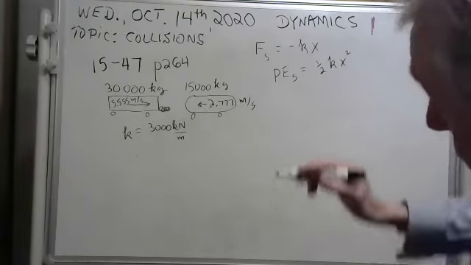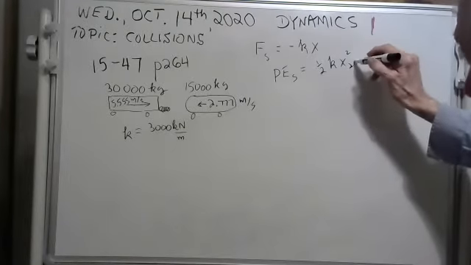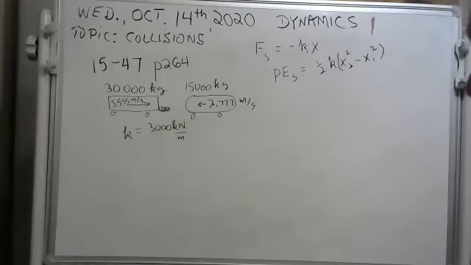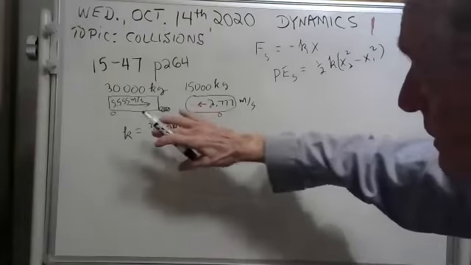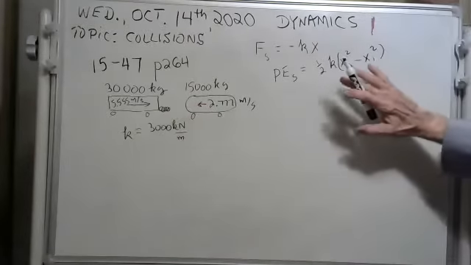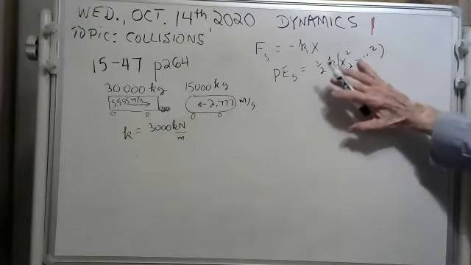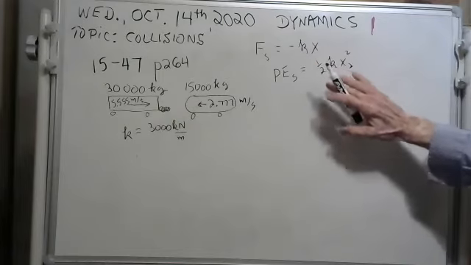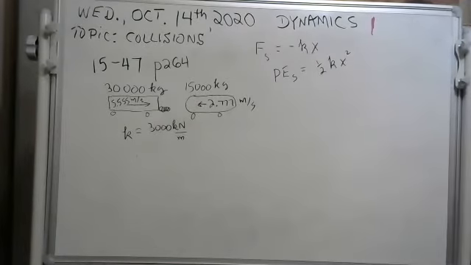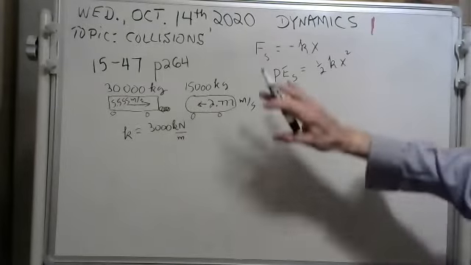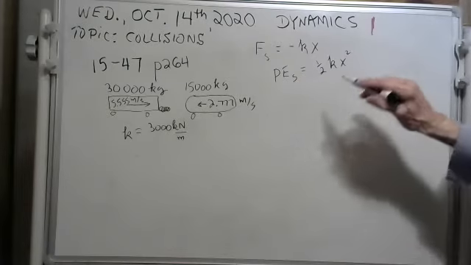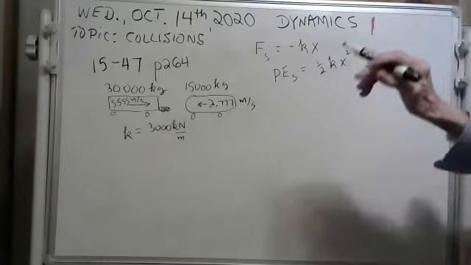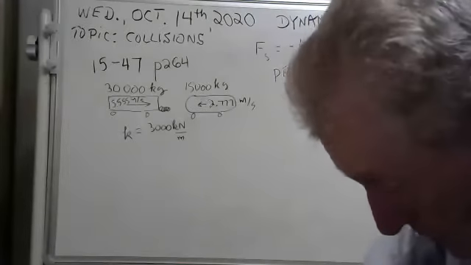Now, if you have a spring that's not relaxed to start with, then you have to do this here. I think we've shown you that, or you can read the book. But in this case, that spring, before the collision, doesn't have any deformation, so you don't need an x1 term. It's just like that. Energy is equal to the negative of the work done.